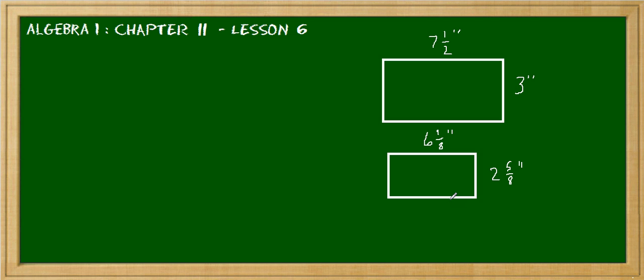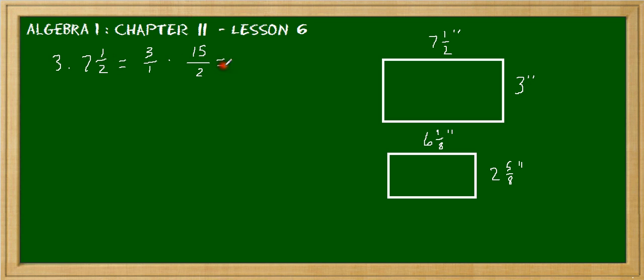Another way to make this calculation is to write 3 and 7 and 1/2 as fractions before multiplying. Let's go ahead and write that. 3 times 7 and 1/2 would be equal to 3 over 1 times 15 over 2, because I multiplied 2 times 7, which is 14 halves, plus 1/2 is 15 halves.